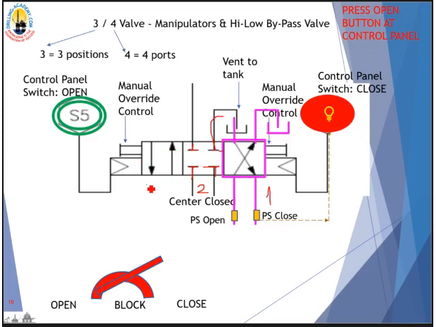Okay? And in this position here, this input is routed to this output, and it will be vented to the tank. Okay? And in this position here, the input here is routed down here and comes out here. All right. And on the modern system, they use a pressure switch to sense the pressure in the line.